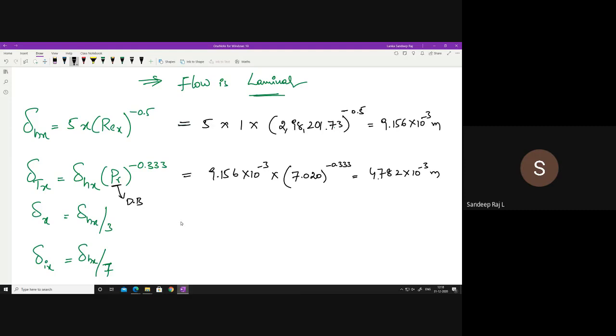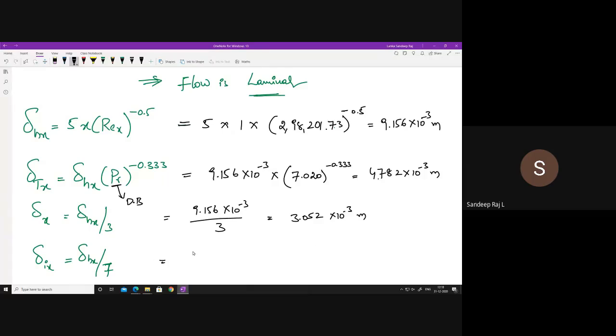Good. Now let us move to the delta x, that is a displacement thickness. It is delta Hx by 3. It is 9.156 into 10 to the power of minus 3 by 3. Tell me what is this value? 3.052 into 10 to the power of minus 3 meters.